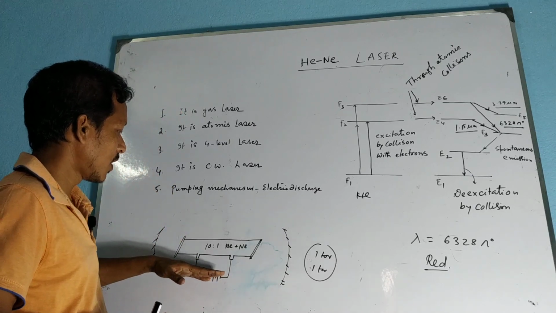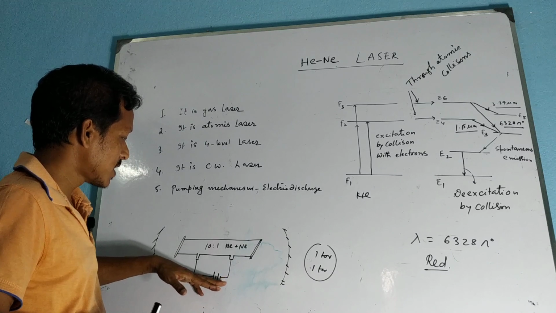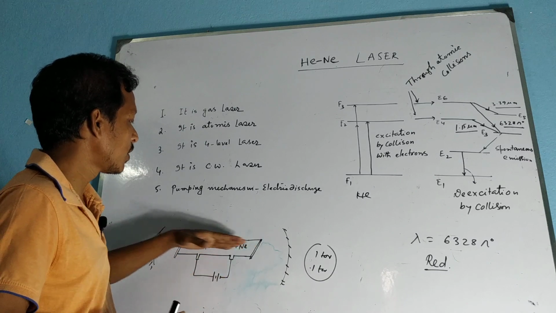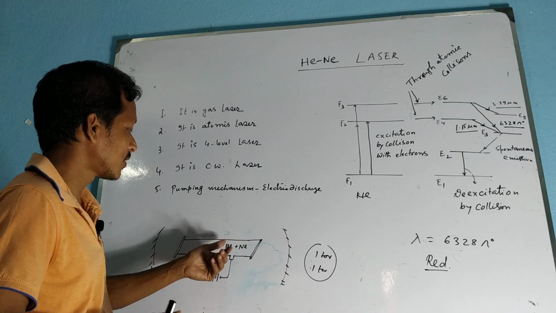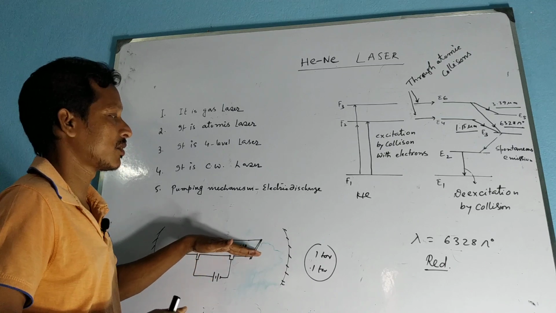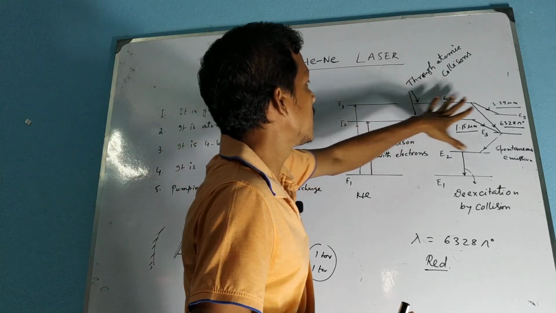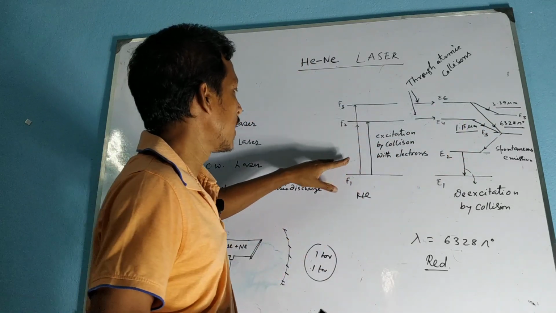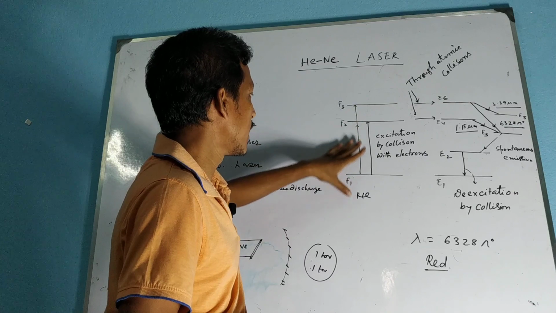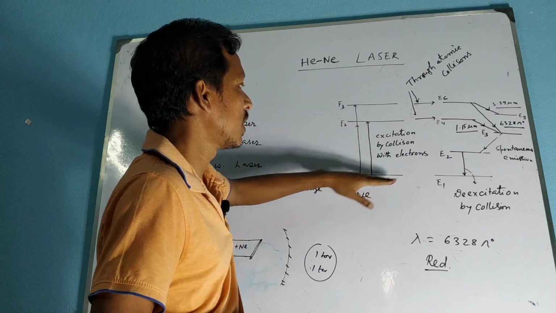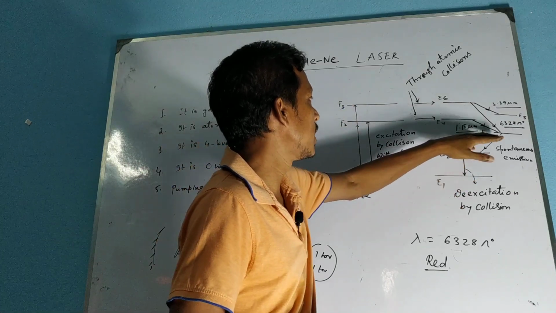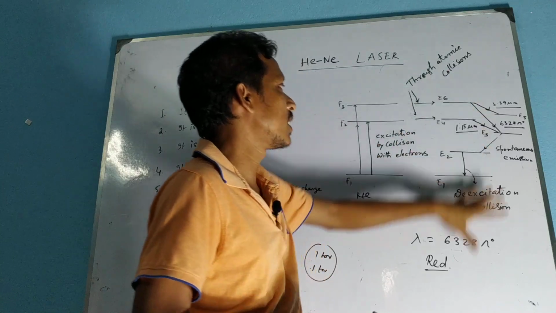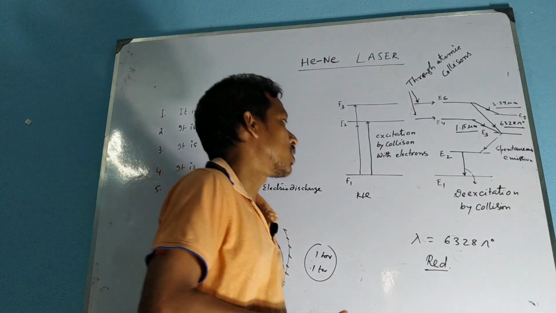When the electrical discharge passes through the helium neon gas, the accelerated electrons collide with the helium and neon atoms. And this is the energy level diagram for the helium neon atoms. F1, F2, F3 are the energy levels of the helium atoms, and E1, E2, E3, E4, E5, E6 are the energy levels of the neon atoms.